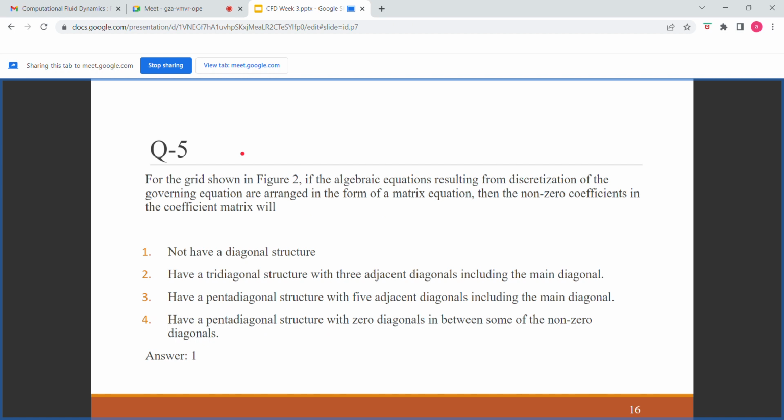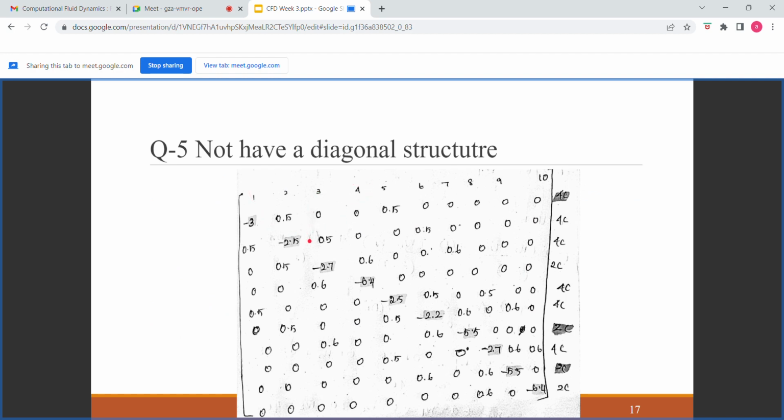In question 5, it was asked that if the resulting algebraic equations are put in the form of a matrix, how many non-zero coefficients are there, and would they form any special matrix structure? When we wrote these equations in the form of W1, W2, we had so many coefficients.